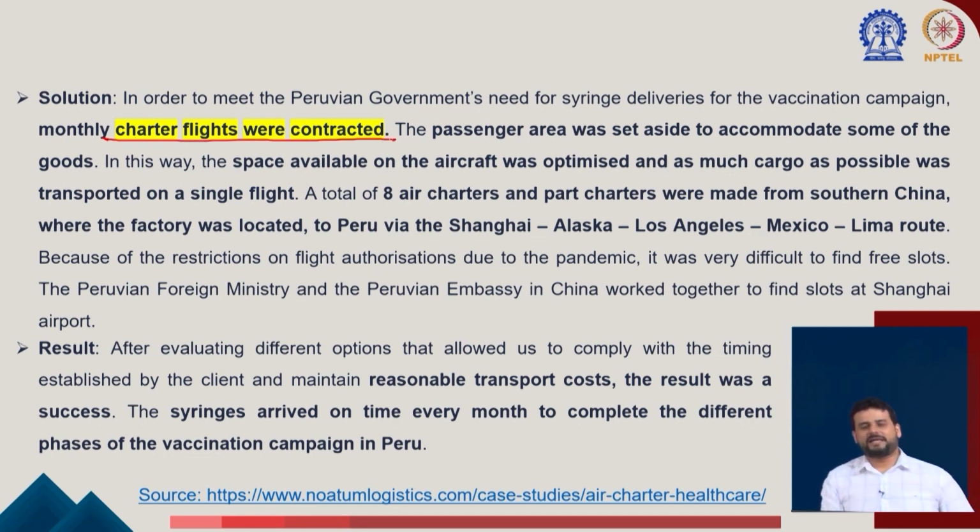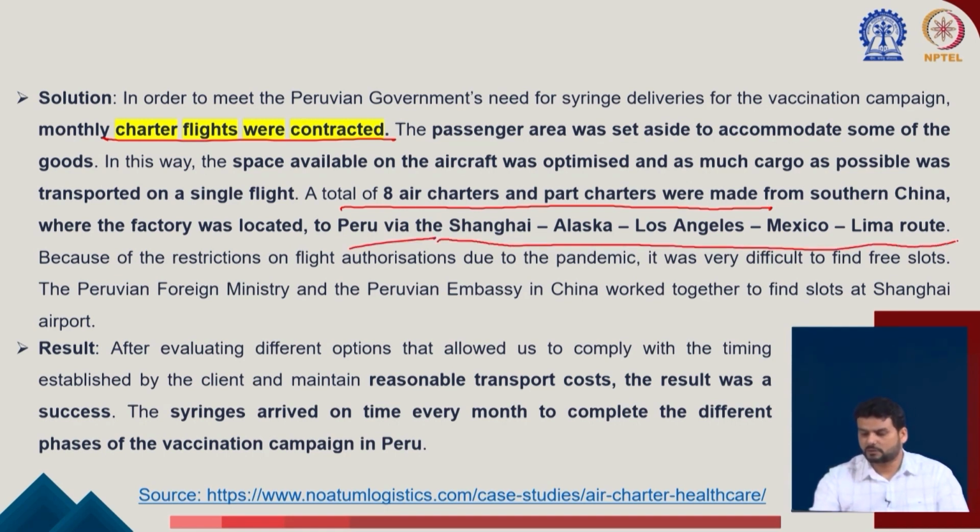Whatever area was left over, they started tapping, and transported the syringes using that unused area. A total of 8 air charters and part charters were made from southern China, where the factory was located, to Peru, via the route Shanghai, Alaska, Los Angeles, Mexico, and Lima.